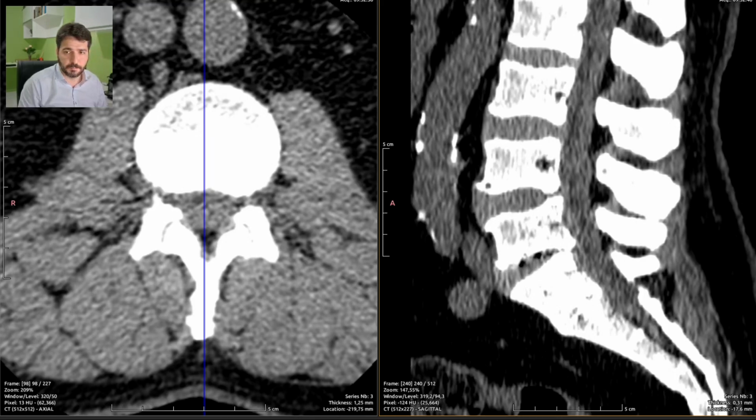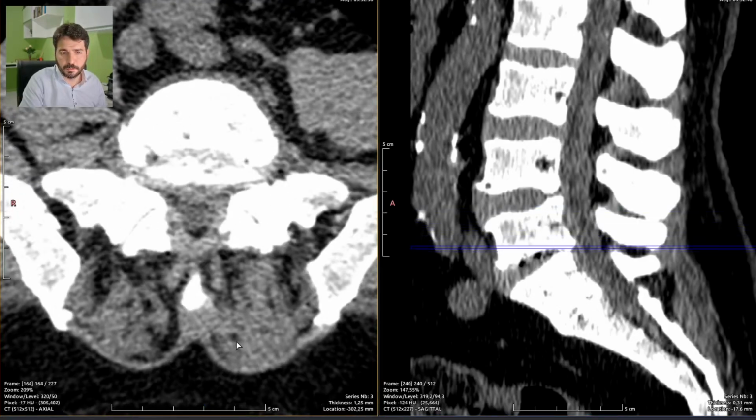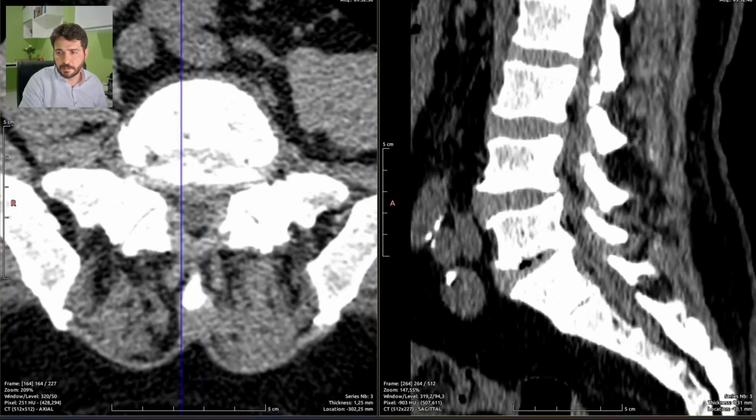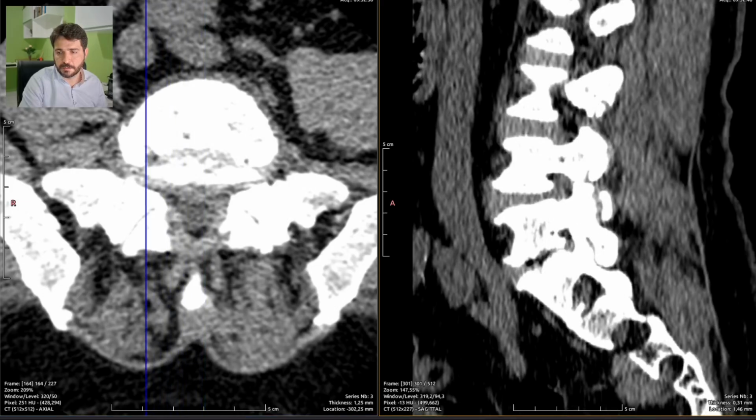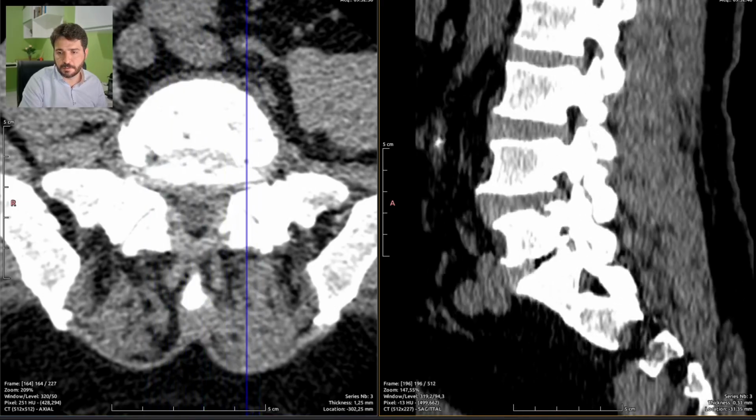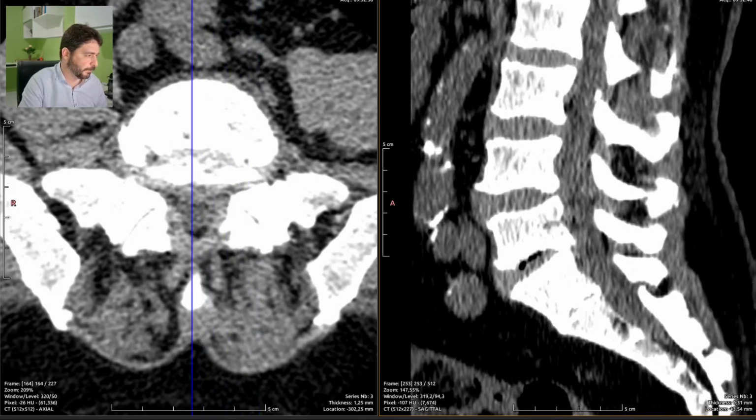So there is mild stenosis of the vertebral canal and the foramina in L4, L5, and moderate stenosis of the canal and severe of the foramina on L5S1.